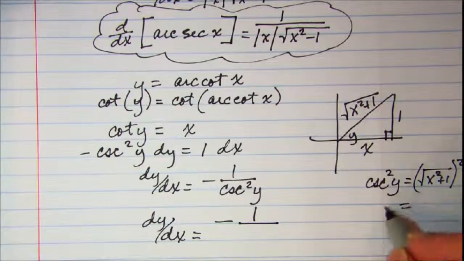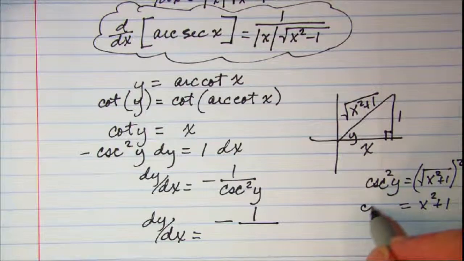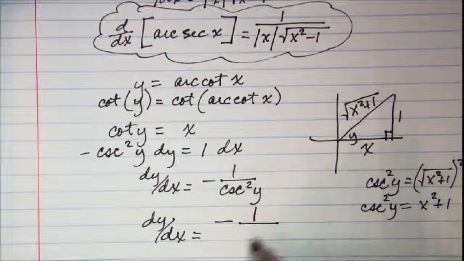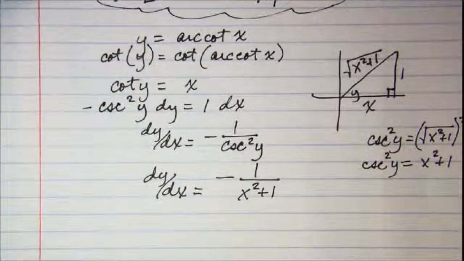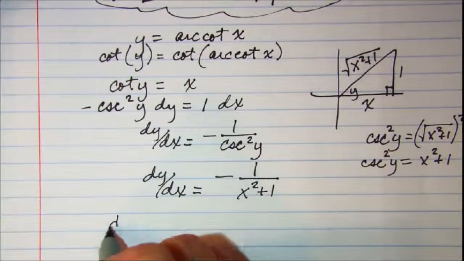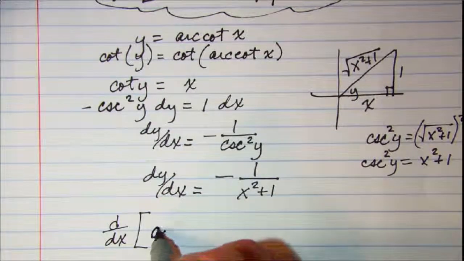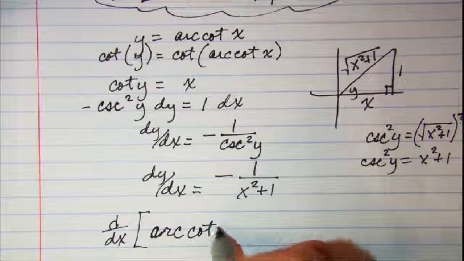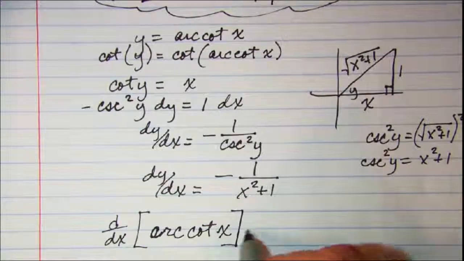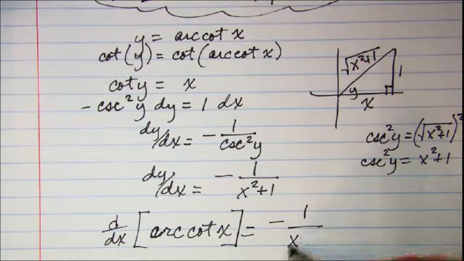So it's just going to be x squared plus 1. So in the bottom I have x squared plus 1. So if we write that as a rule, then the derivative with respect to x of cotangent x is equal to a negative 1 over x squared plus 1.